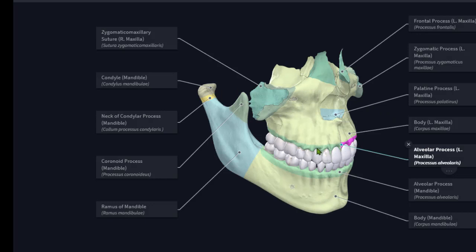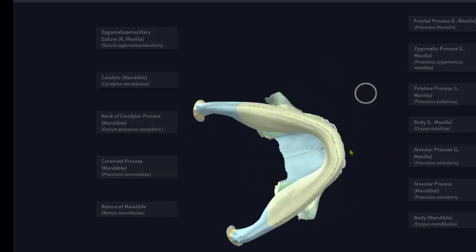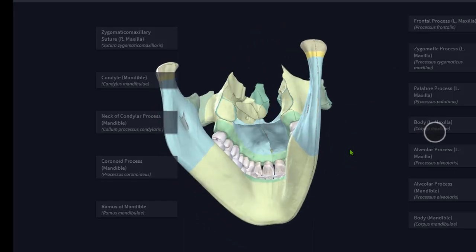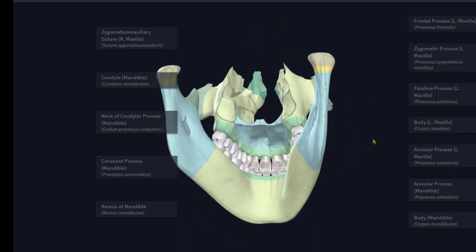This is your alveolar process of the maxilla, which carries the tooth sockets, and the teeth are just inside these sockets. Then another one you will find is the palatine process. The palatine process will be present over here at the roof of the oral cavity, and it makes the floor of the nasal cavity.